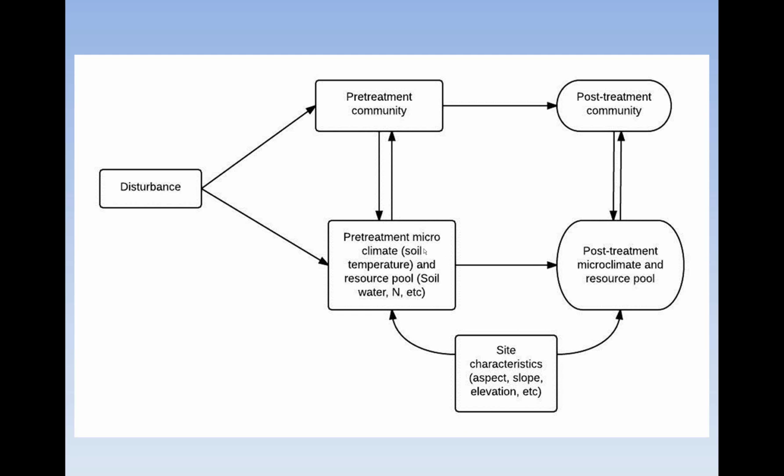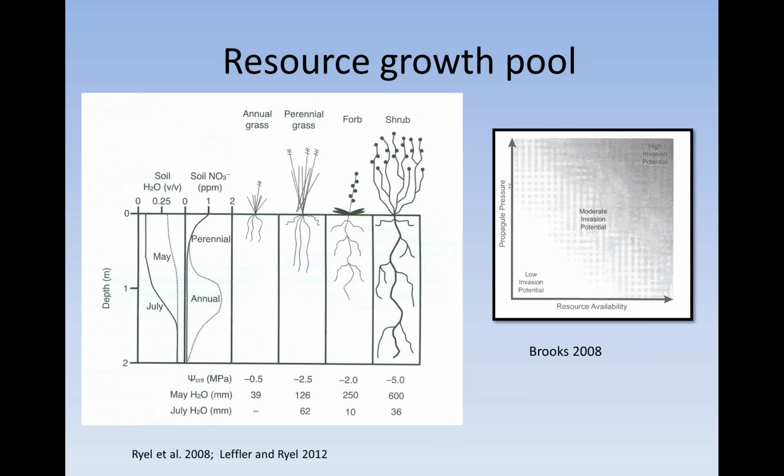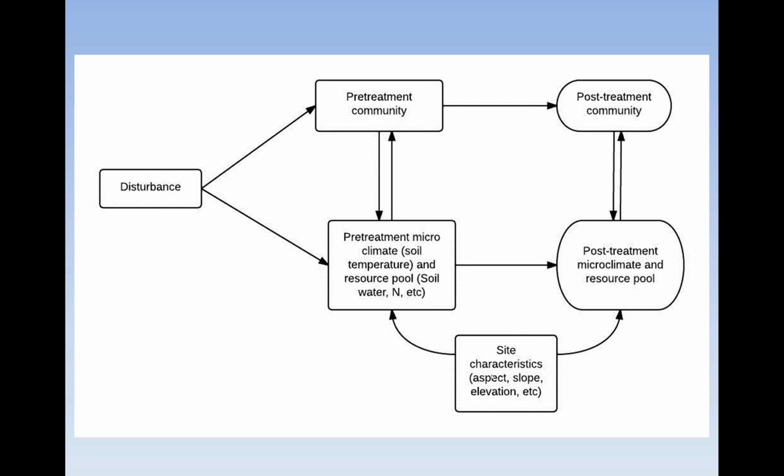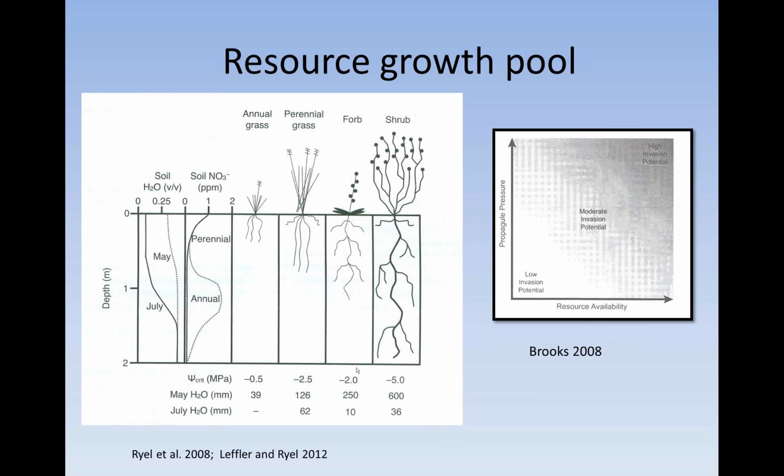And so these effects go into this post-treatment microclimate and resource pool that then affect the residuals that are left after the disturbance. And so that's kind of our working model to sort this out to see what effect we're getting. And it can vary by site. Site characteristics can determine the outcome here by affecting this post-treatment microclimate and resource pool.